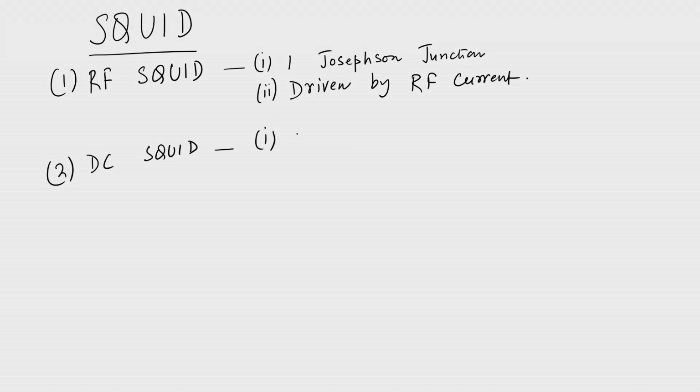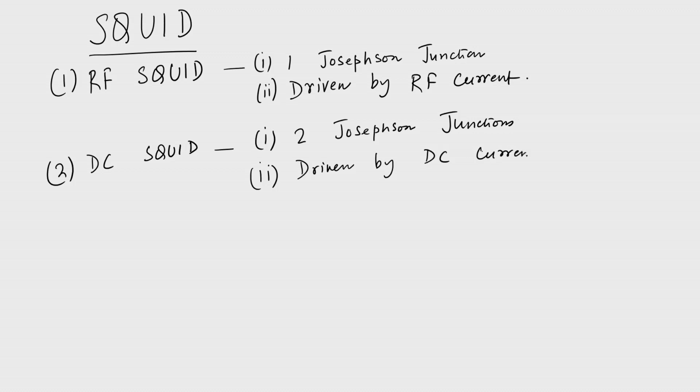Here, as opposed to the RF SQUID, there are two Josephson junctions driven by a DC current. So, let us include a very brief discussion on the RF SQUID, though we will mostly consider the DC SQUID for our purpose.